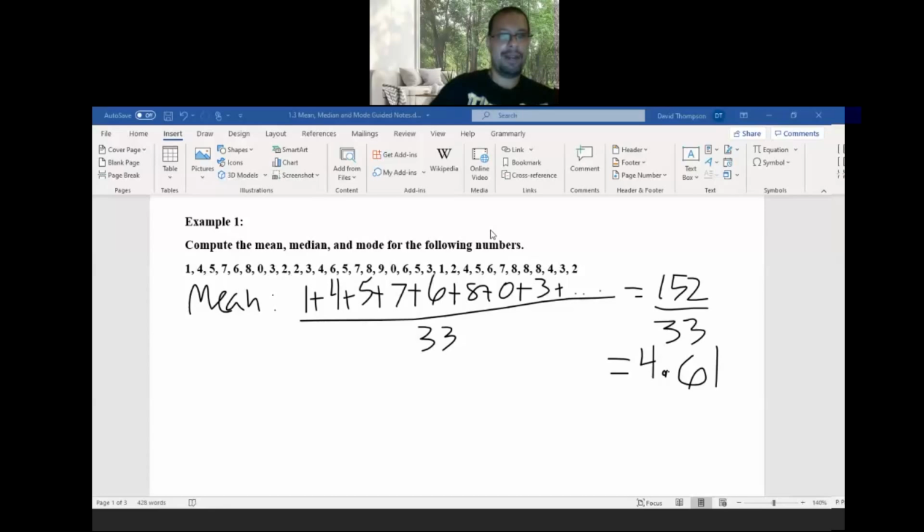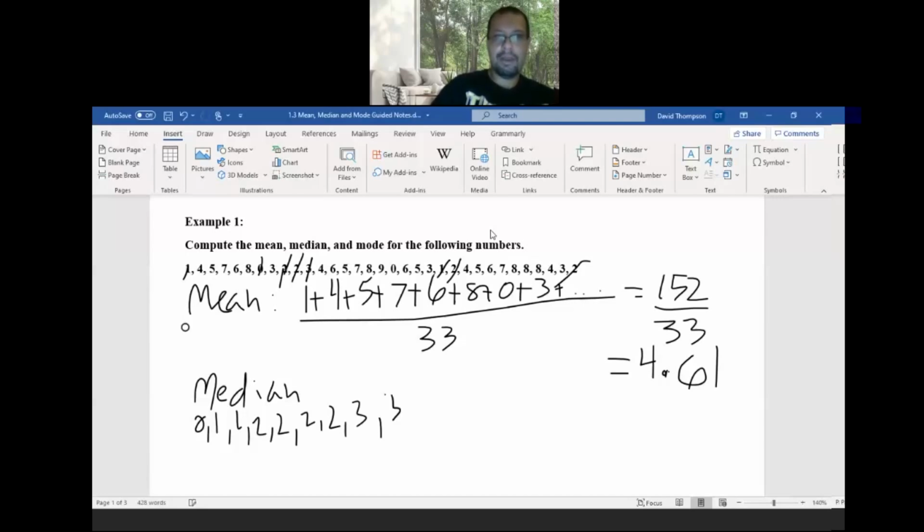To calculate the median, the first thing we need to do is put the numbers in order. So we have 0 looks like our smallest, then 1, 1, then we have 2, 2, another 2, another 2, and then we have 3, another 3.